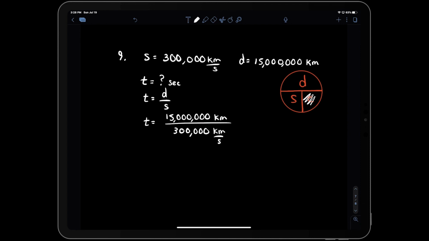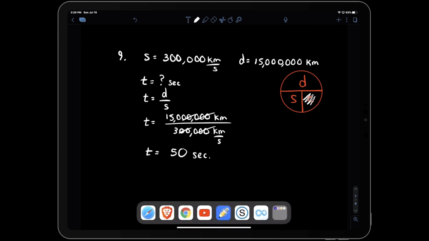So we have 15 divided by 3 is 5, and then we have 5 zeros that we can get rid of right here. So we have 50 seconds is what it's going to take.